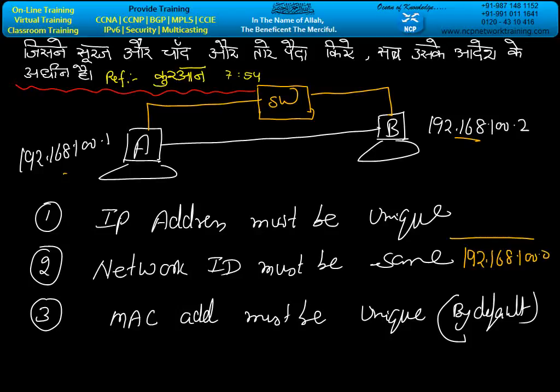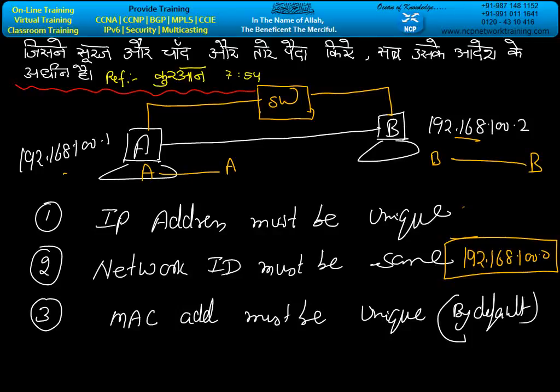Both IPs come under this NID. And the third component, MAC address, is unique. MAC address is by default unique. Each machine has a different MAC address. For understanding, we can put the value of MAC address for machine A as A and for machine B as B. If we change any parameter from this, devices will not communicate.